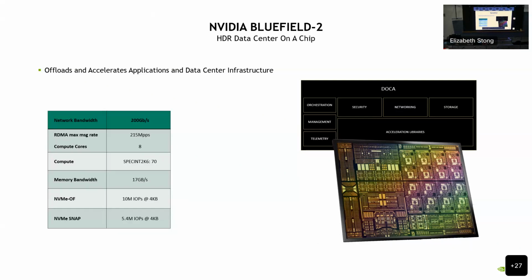It has a SPECint of 70. Memory bandwidth is on the order of 17 gigabytes per second. That's the memory on the ARM, and it can drive NVMe offload at about 10 million IOPS at a size of 4 kilobytes, and the NVMe SNAP can also drive it at 5.4.